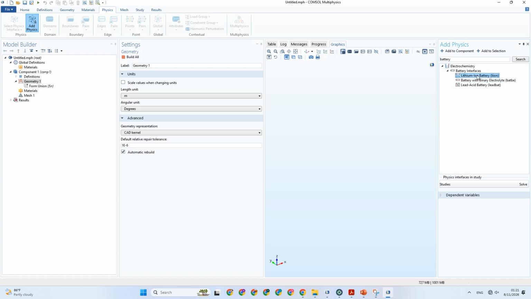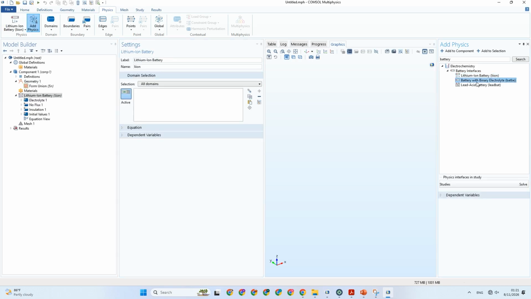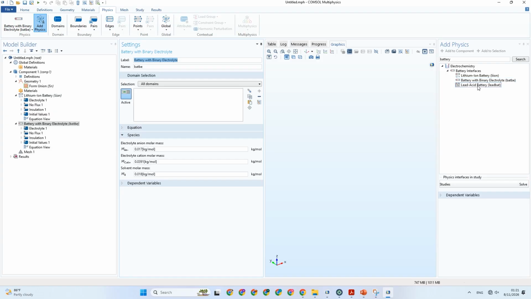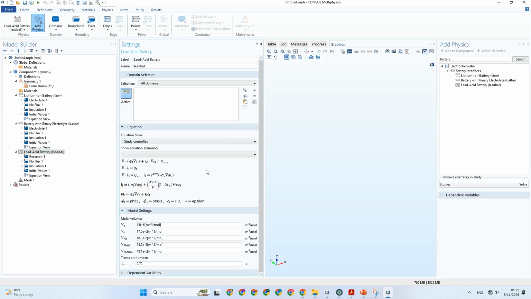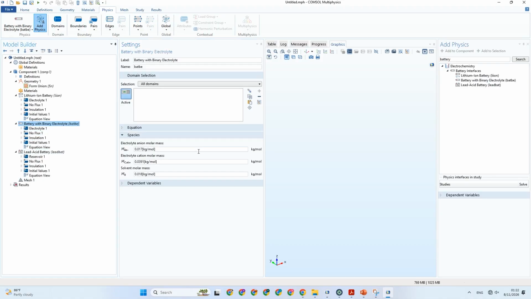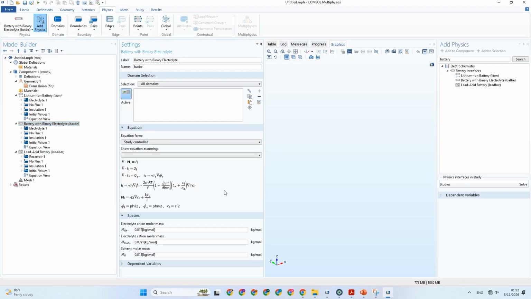Let me add it. Lithium battery with binary electrolyte. Let me add this one also, and lead acid battery. Okay. What is the equation? We can check the equations.